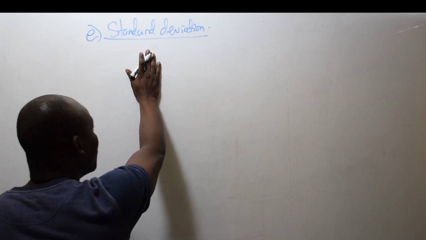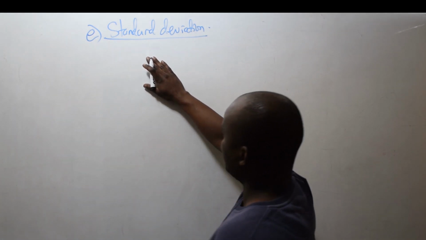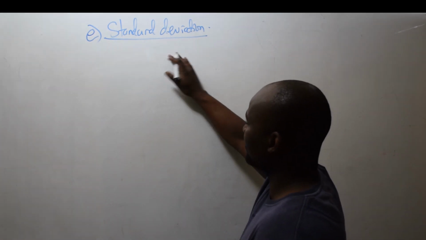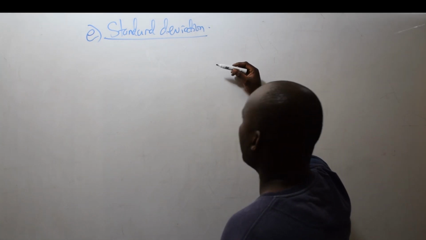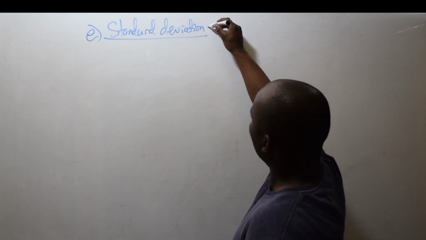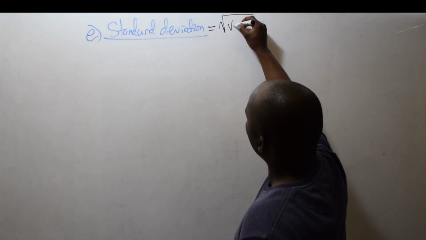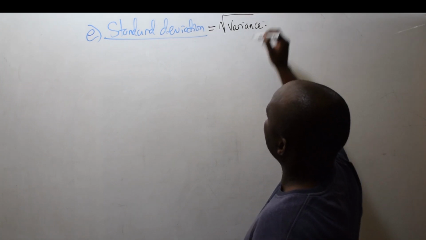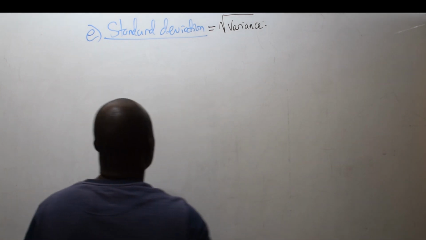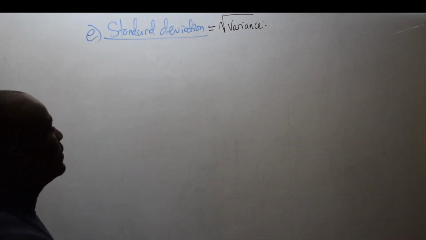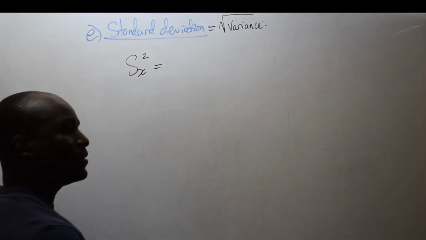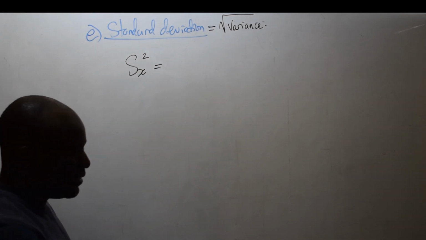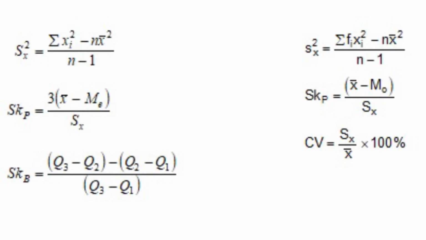What we should know is that the standard deviation and the variance are almost the same, but the one is the square root of the other. So the standard deviation is equals to the square root of the variance. So if we are given the formula for the variance, then we need to get the square root of this.